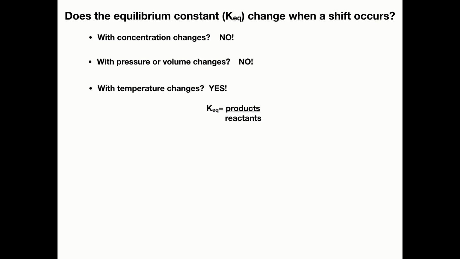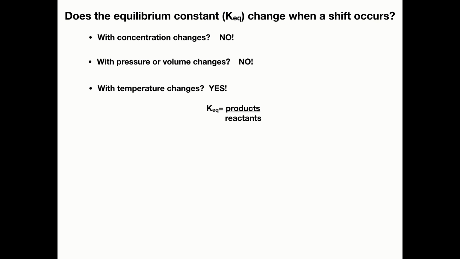Well, if you remember, the equation for your equilibrium constant, the way we determine it, is by taking your products, multiplying their concentrations together, dividing by the concentration of reactants. So it's products over reactants. So keep in mind, if you increase the amount of products, that's going to cause KEQ to increase.